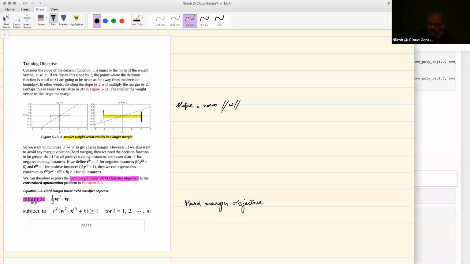How wide is that street going to be? Is it narrow or wider? That basically boils down to the slope. So the slope is a small slope like W1 here. The weight vector is smaller compared to this one, which is higher. You see the higher number W1 leads to a higher slope, which makes this narrow.